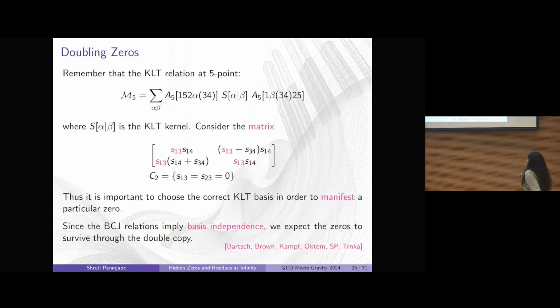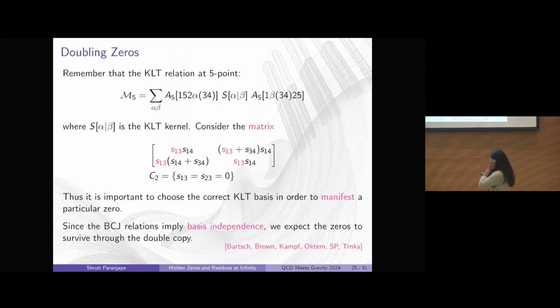If I choose a different zero, it doesn't vanish, which is all to say that choosing the right KLT basis is very important. Another way of saying that is that the KLT formula is basis independent. Another way of saying that is that the single copy amplitudes are BCJ compatible. They satisfy the BCJ relations.